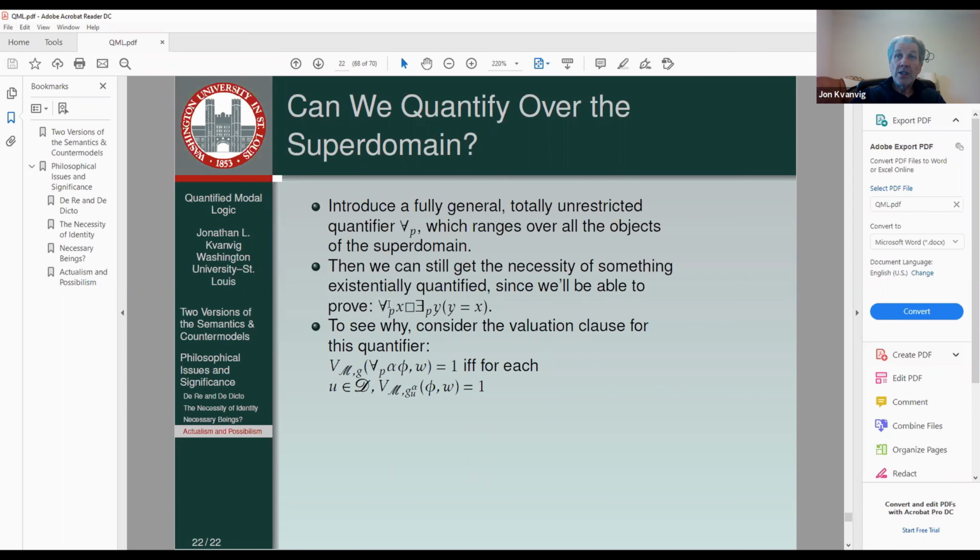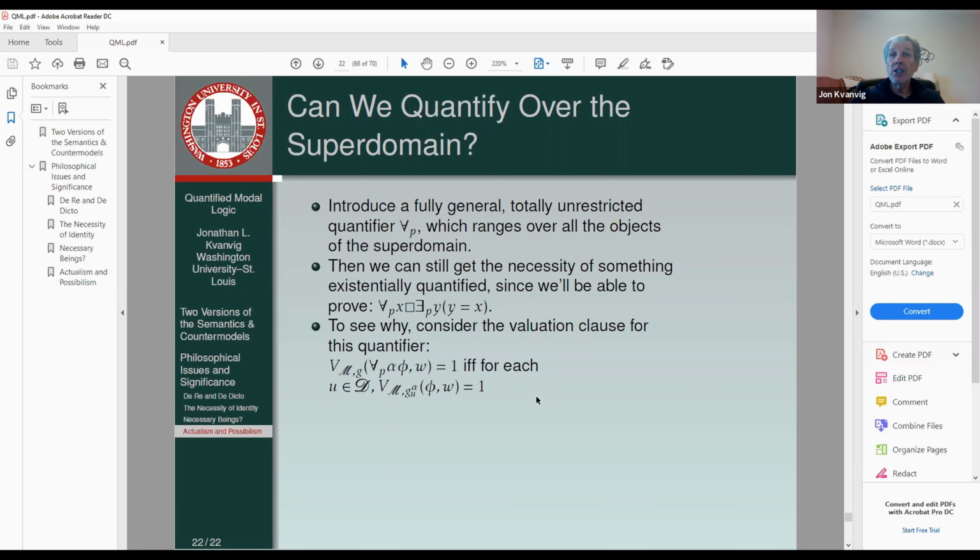That fits because our quantifier is supposed to be ranging over everything in the superdomain. So for every object in the superdomain, the valuation function relative to the model assigns 1 to the formula with the quantifier removed at that world, where any variable is replaced with some member u of the domain.